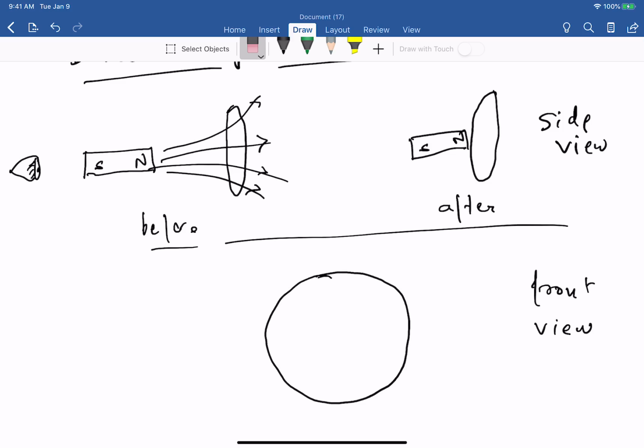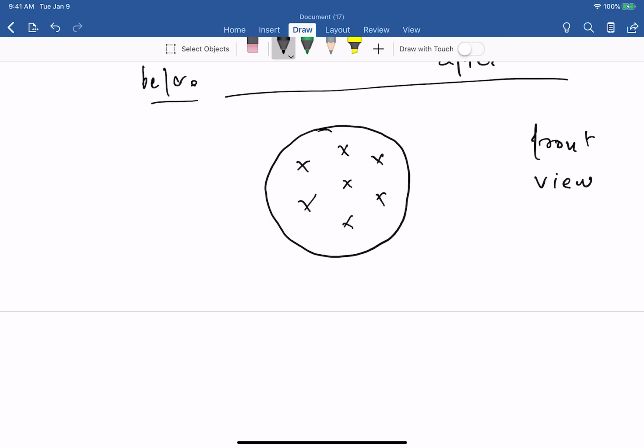So the magnetic field lines would be going into the page in that case, right? So I'll draw them as X's. The magnet was far away from the loop, so there's not that many magnetic field lines. The magnetic field is not very strong. So this is the before.